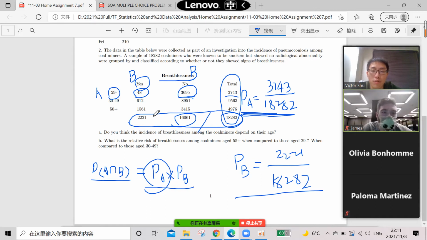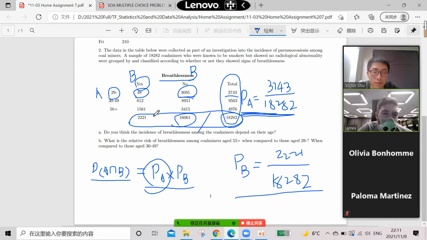What is my theoretical number? And I compare my theoretical number with the actual observed number. If there is a huge difference, then I reject my null hypothesis. I say, okay, they are not independent at all, because the actual experiment shows statistics very different from my theoretical number if I assume independence.